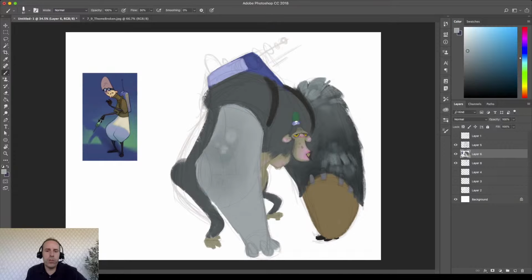So what if I just used soft, rounded shapes here instead? And they don't have to be high contrast. They can be pretty subtle.